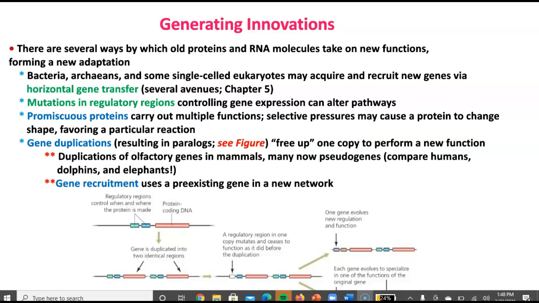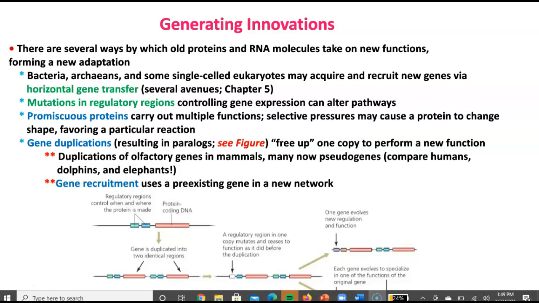So you might remember back in chapter 5, when we were reviewing some genetics, bacteria, archaeans, some single-cell eukaryotes may acquire and recruit new genes via horizontal gene transfer. So that's one way. It can pick up some genes from somewhere else. If you're a prokaryote, you can do that through conjugation or transformation or transduction.